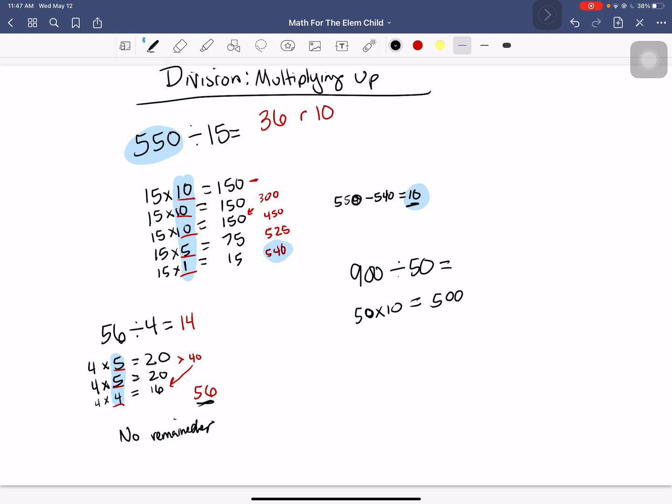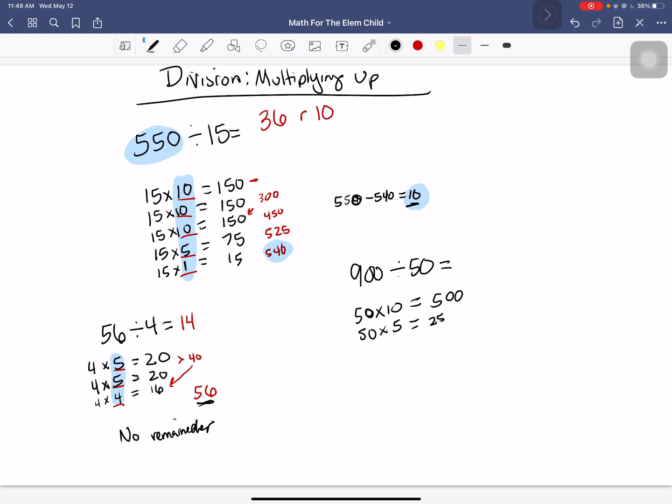Now, if we were to do 50 times 10 again, we would get 500 plus 500. That's 1,000. We are 100 too many. So let's do a smaller number. Let's do 50 times 5 to get 25.